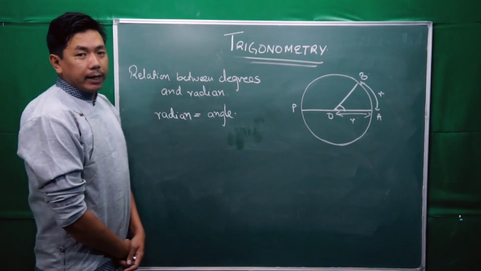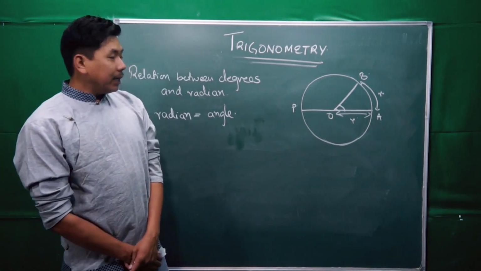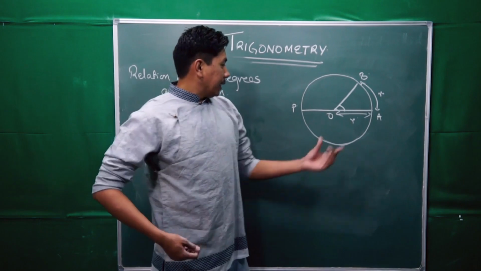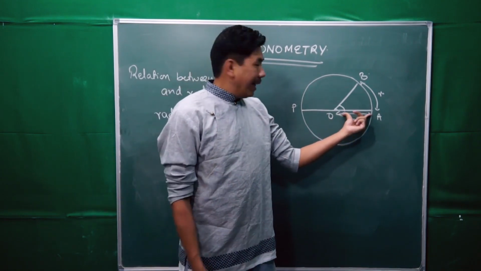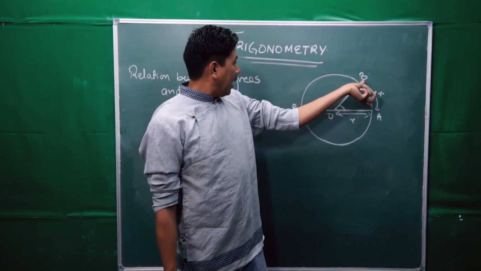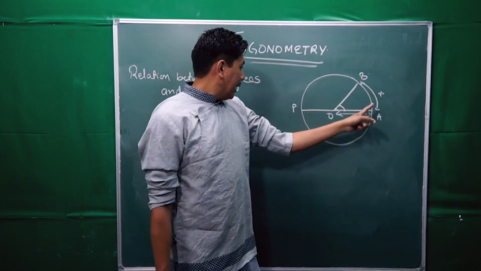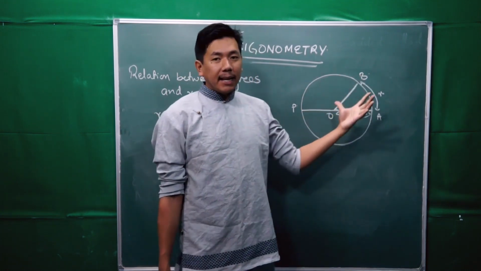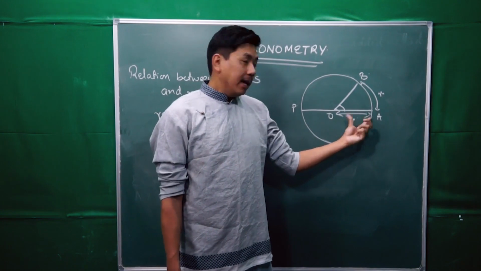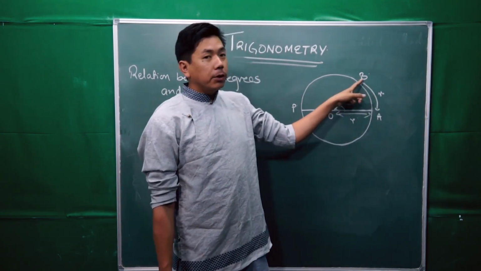A radian is the angle which is subtended in a sector AOB such that the radius is r and the arc's length is also r.